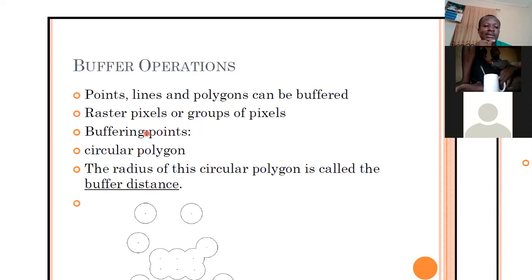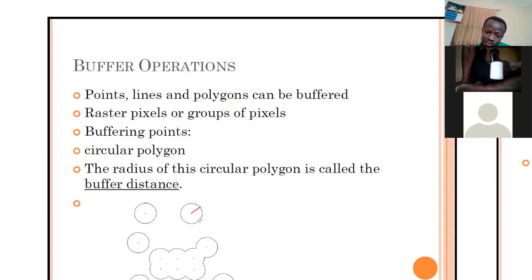So we can have the circular polygon as the output. You always specify a buffer distance. I think I didn't talk about that. It is the distance between the center and the circumference of the circular polygon.